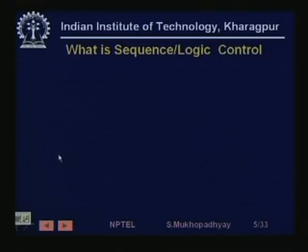So first of all, let's try to understand what sequence or logic control is. As I said, it's very significantly different from analog controls on various aspects. So we need to understand what it is.